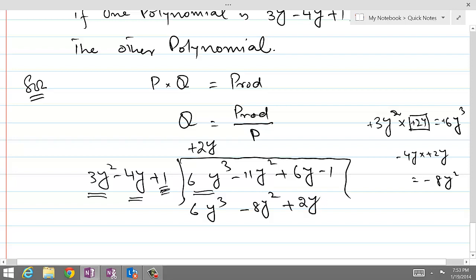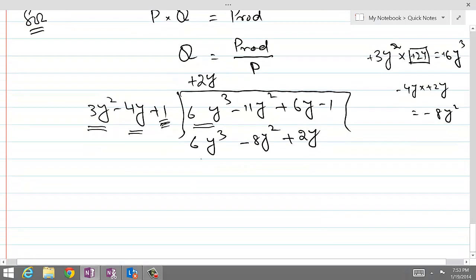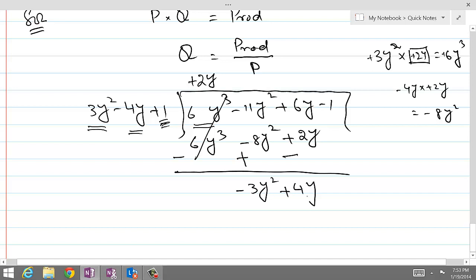And now change the signs, minus plus minus, and this will cancel out, and minus 11y squared plus 8y squared will give us minus 3y squared, and plus 6y minus 2y will give us plus 4y and minus 1. This has to come down.